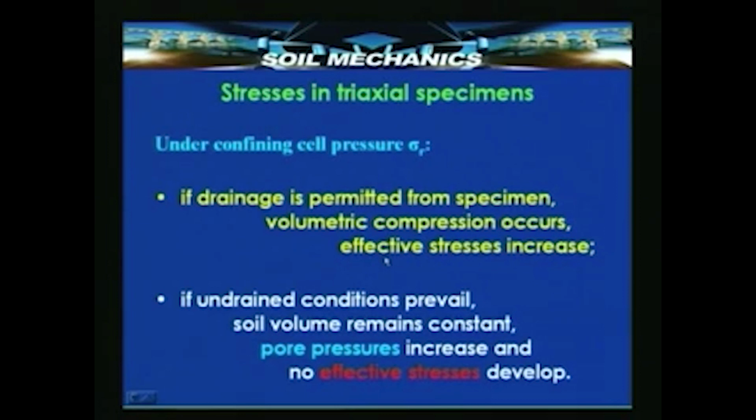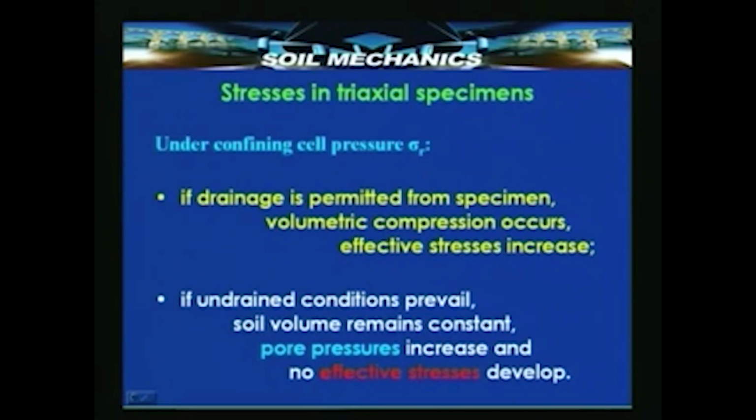Further, the stress sigma r that is applied all around is a confining pressure that confines the sample, and the reason we apply this is that it helps us to simulate the confining pressure that exists at the depth from which the sample has been taken out.